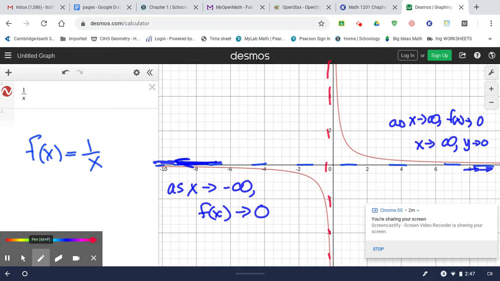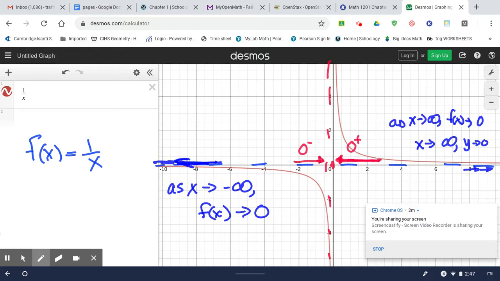The vertical, the way we'd see the vertical is, as x is approaching 0 from the right side. So, here's 0. If it's on the right side, that's 0 positive, 0 with a little plus sign. And if it's coming from the other way, we're on the negative side, so that's 0 approaching from the left.